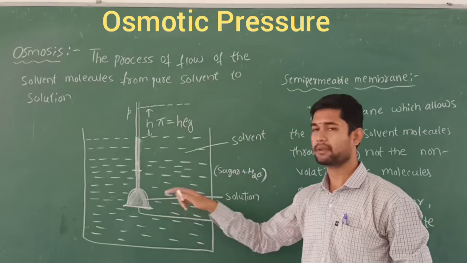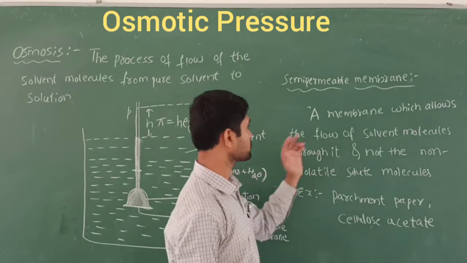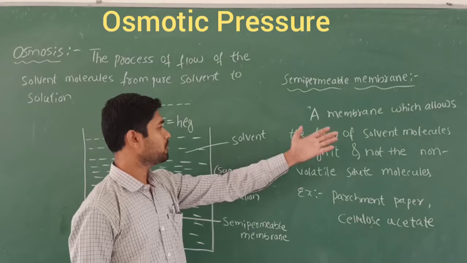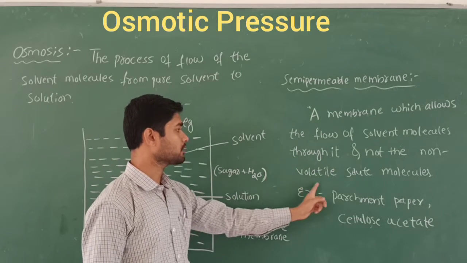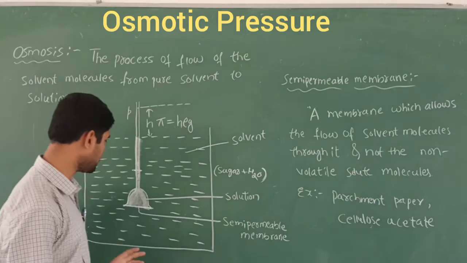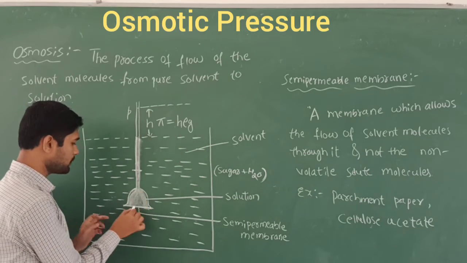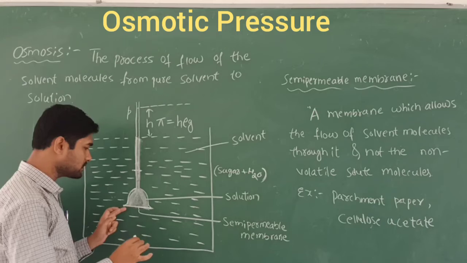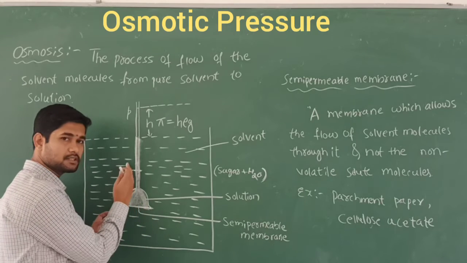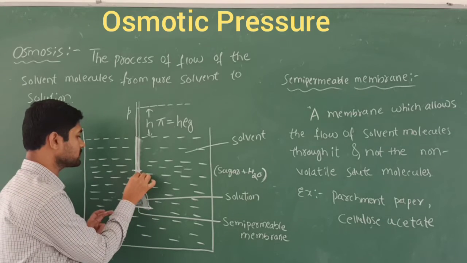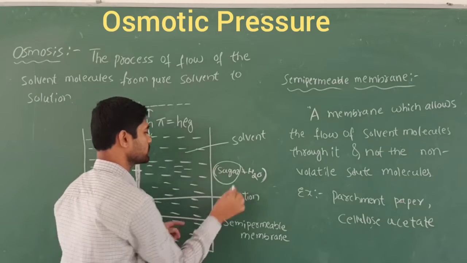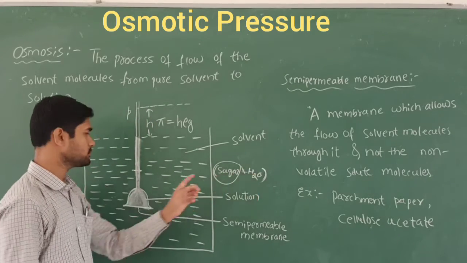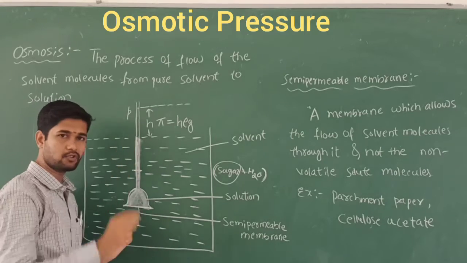How does it go? Through the semi-permeable membrane. What do you mean by semi-permeable membrane? A membrane which allows the flow of solvent molecules through it but not the non-volatile solute molecules. Non-volatile solute is nothing but the sugar, which is mixed with solvent in this thistle funnel to form the solution.